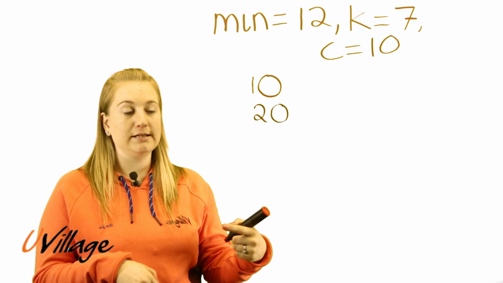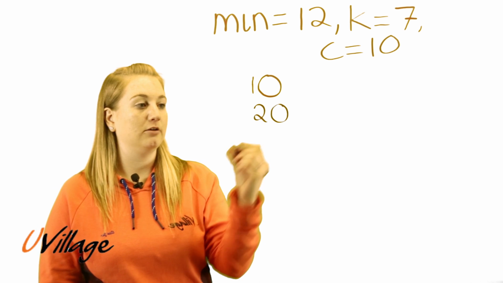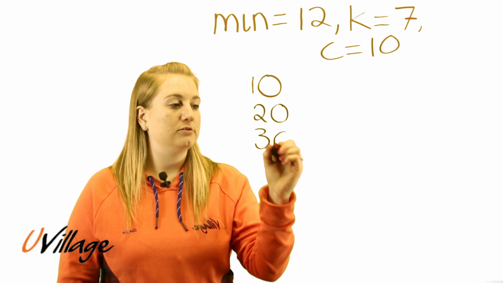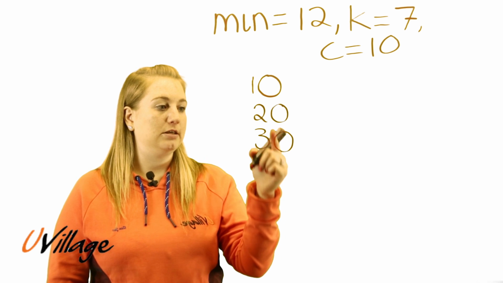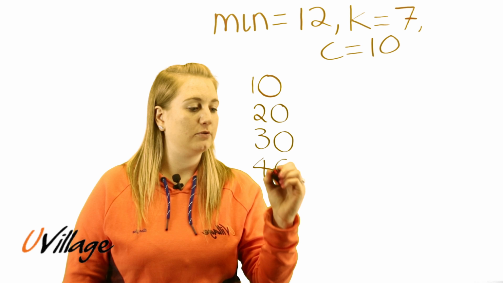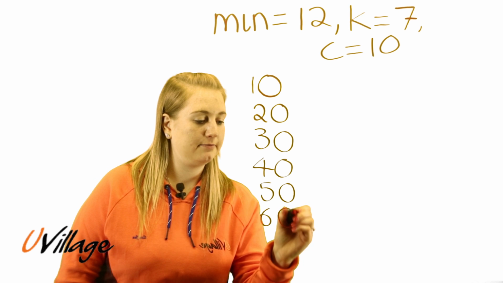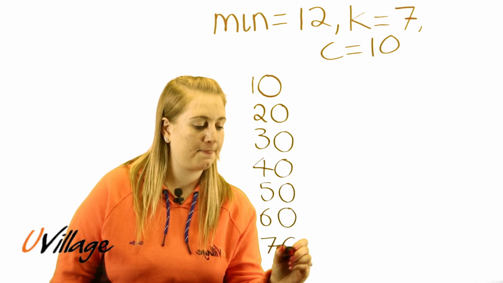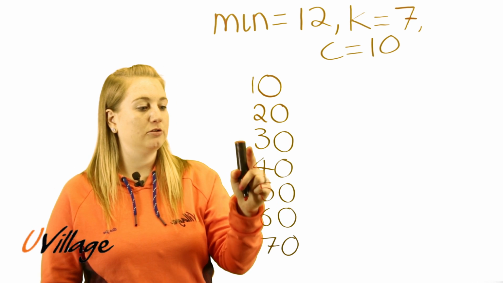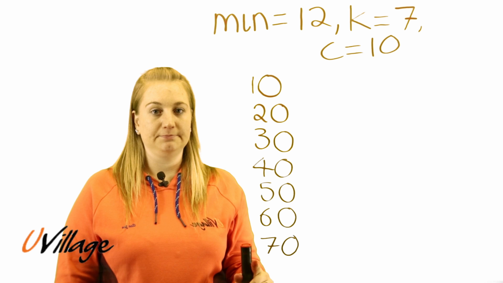And likewise, for the next class, you add your class width to that value. So all your lower values are going to be 10, 20, 30, 40, 50, 60, and 70. Because we know we have a total of 7 classes.